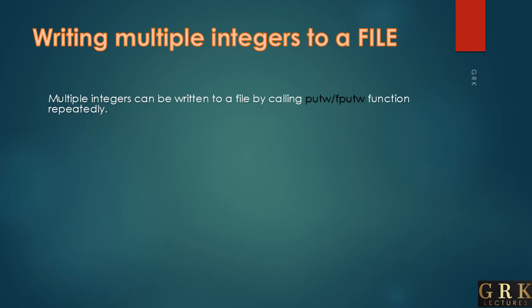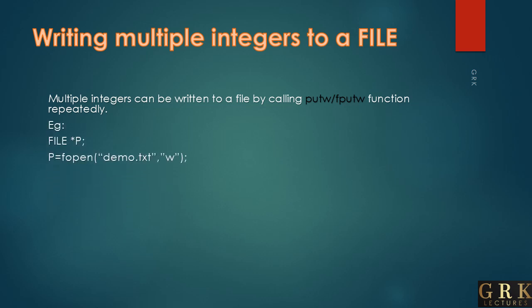And when we want to read multiple integer values from the file, the getw function should be called repeatedly. When we are calling something repeatedly, that function or statement or block of code must be written in a loop. Let us see that with an example.